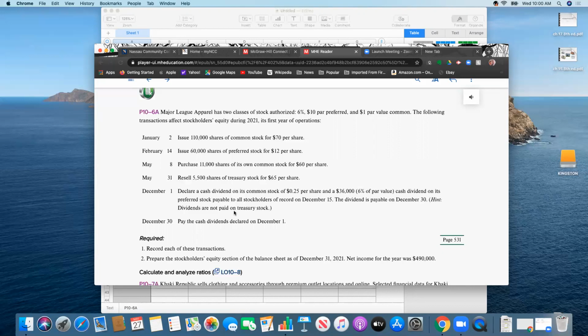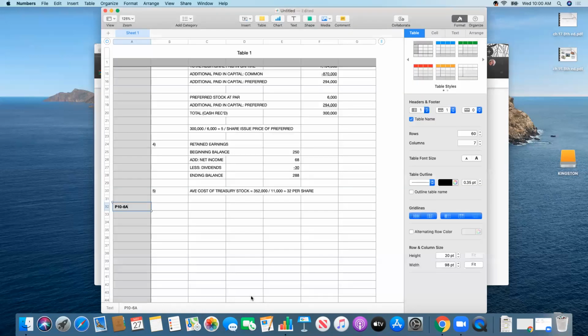So what I'm going to do is to improvise a little bit. They're not asking for T accounts, but how else are you going to come up with the balances, right? You need to know what's the balance in these stockholders' equity accounts in order to do the balance sheet. So I'll figure it out some way.